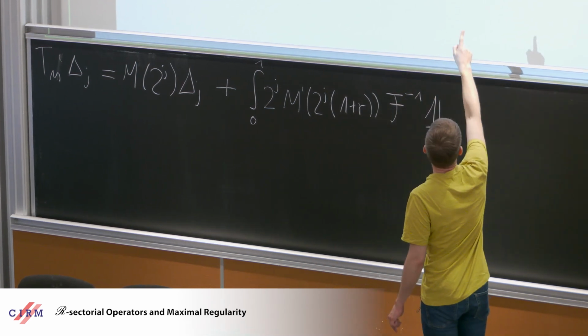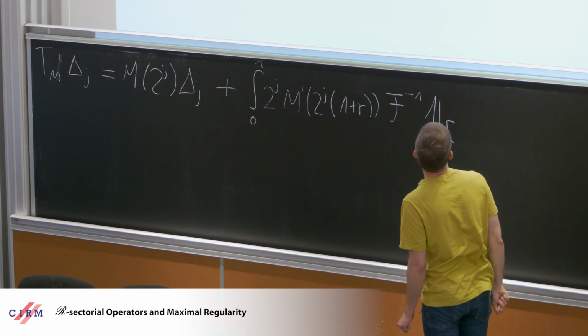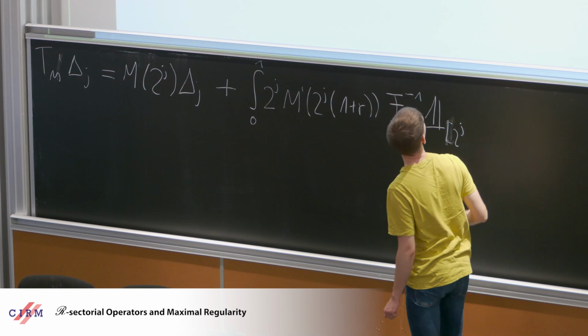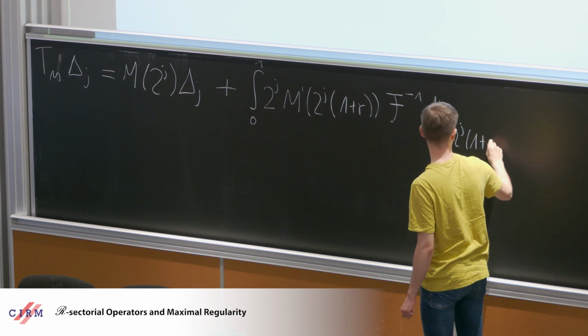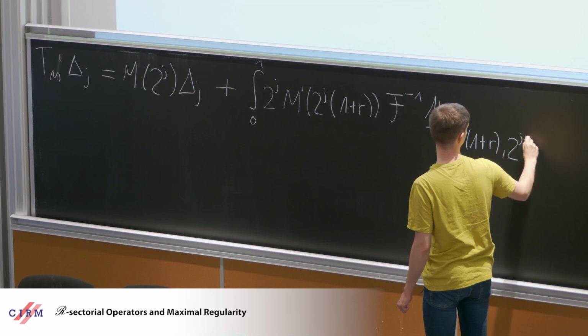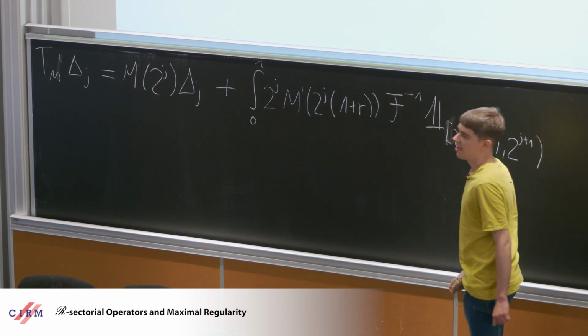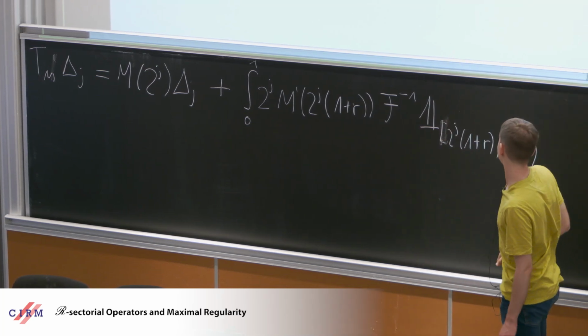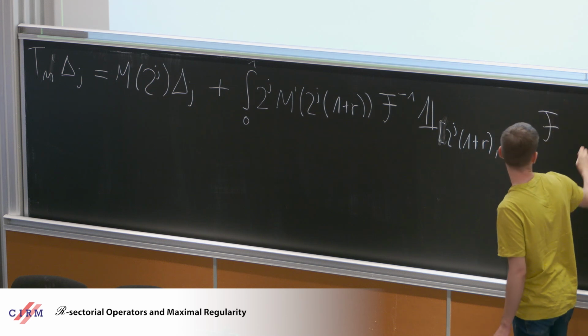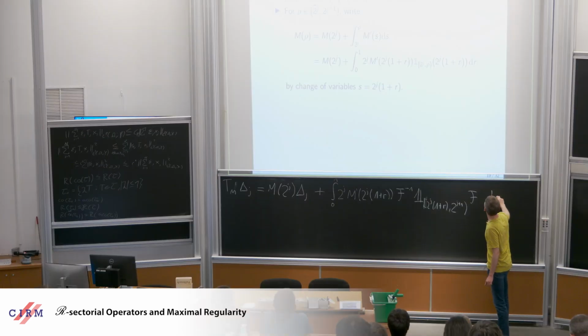Now the variable rho should be larger than 2 to the j (1 plus r), and it is smaller than 2 to the j plus 1, because we apply this delta j, and d r.